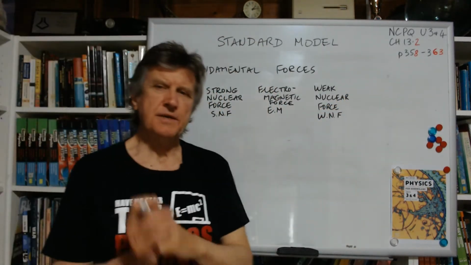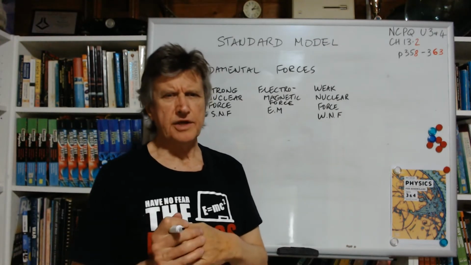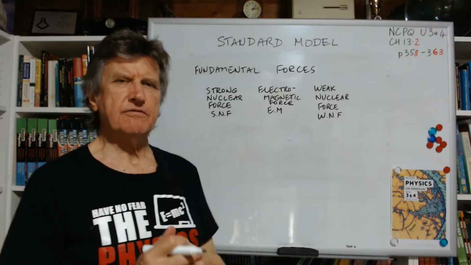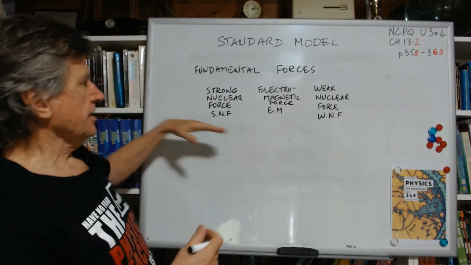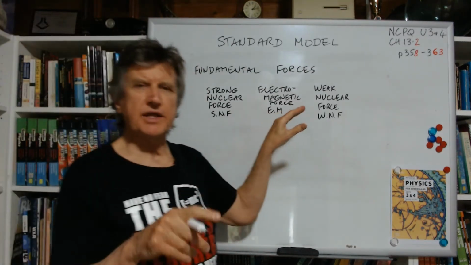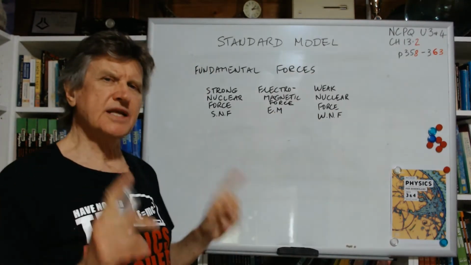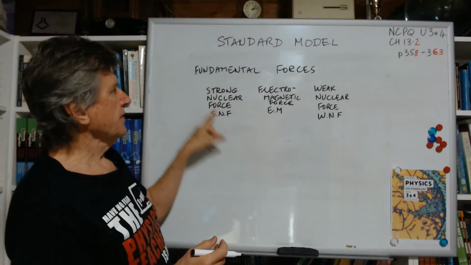Now the syllabus says you should be able to list or recall and describe the four fundamental forces in terms of the particles that go between them or are used for them. But the first thing to do is to list the four forces. Now, to save time, I've put up three of them.